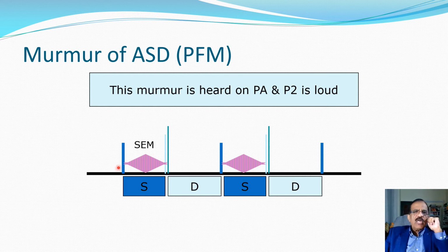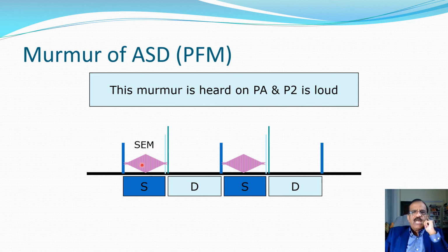And you know, a systolic ejection murmur is diamond shaped. It starts some milliseconds after the first sound, then it increases in intensity, reaches its peak in the middle of the systole, then it decreases in intensity. This is called systolic ejection murmur.